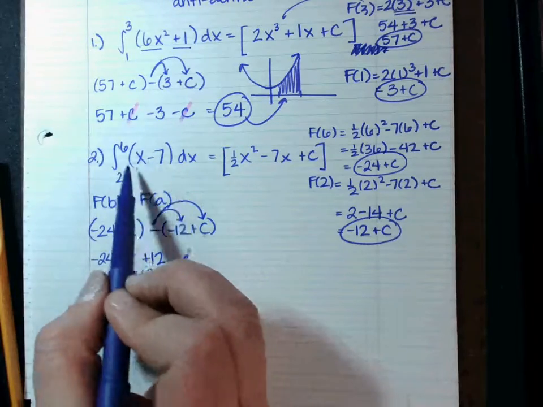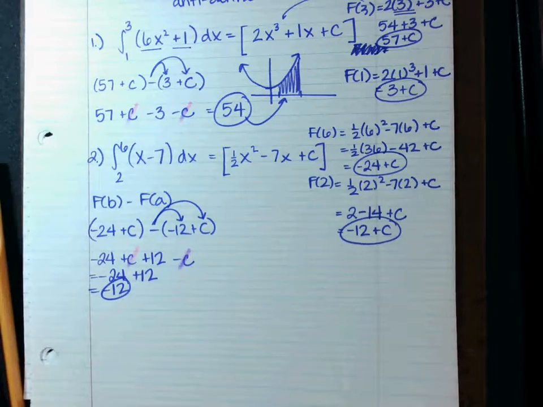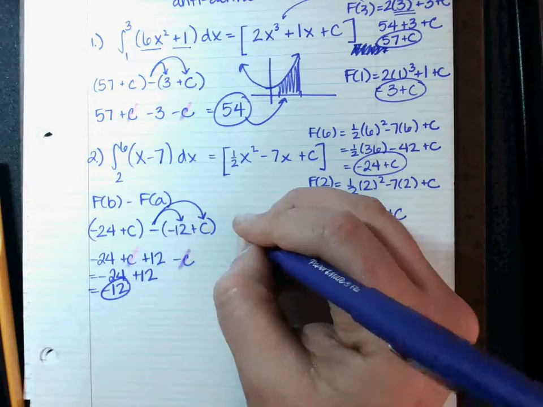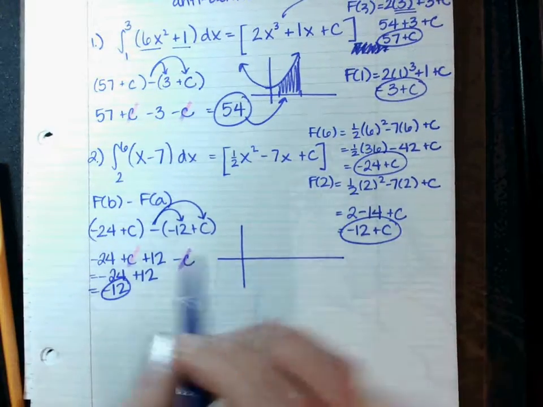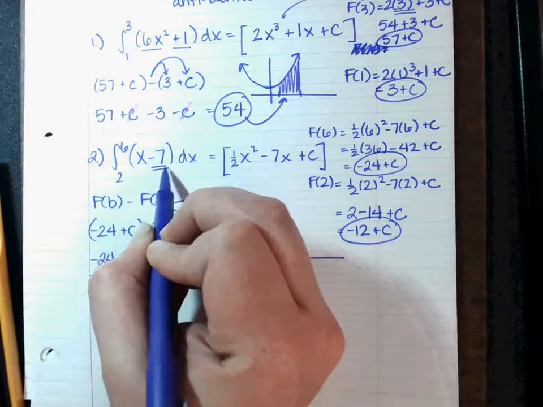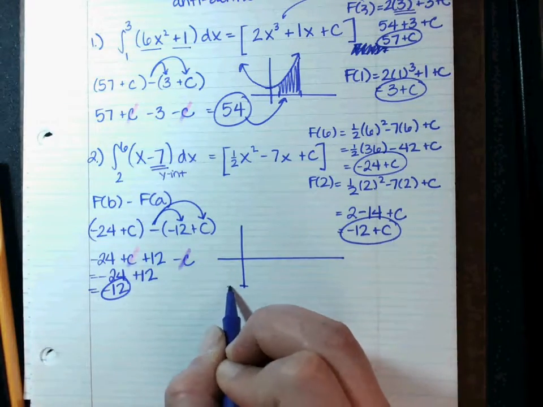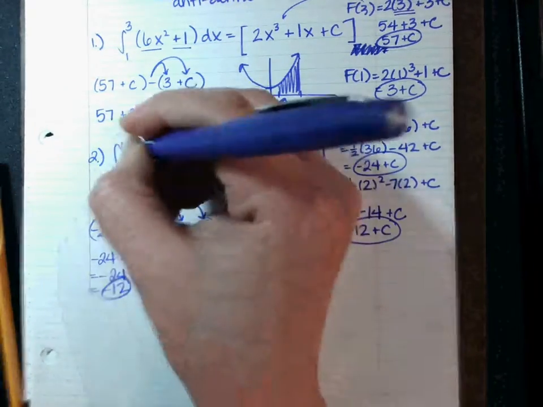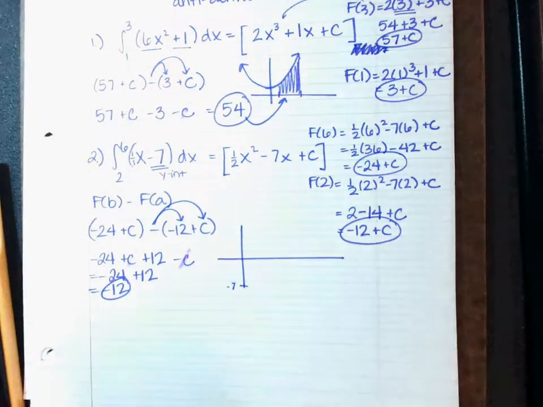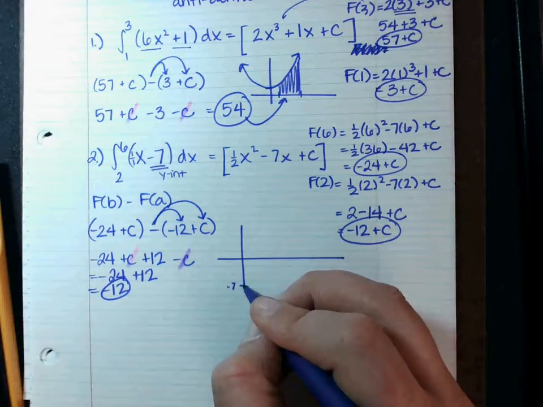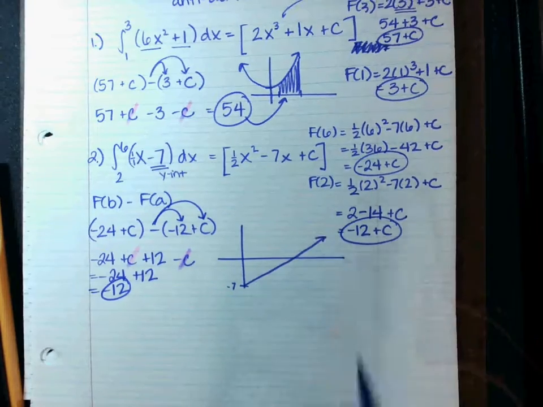Okay, now let's look at this one. Okay, x minus 7 would start, remember that this is the y-intercept. So if I go to negative 7, we'll say that's down here, my slope is a 1 over 1 in front of the x. So it's going up and over, up and over, up and over.